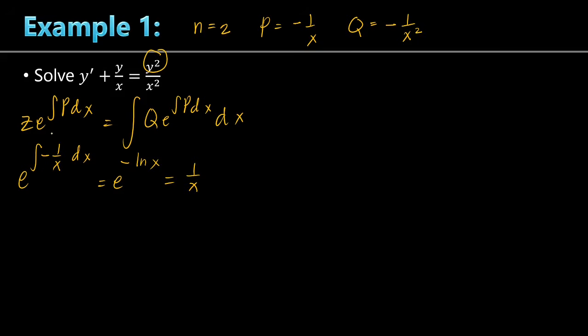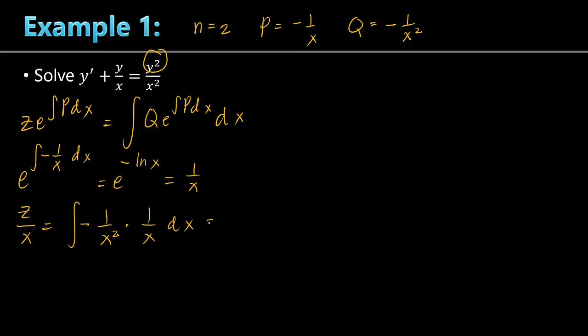And now, I can replace the integrating factor, yung e to the integral of P dx, on both sides by 1 over x. So, z over x equals the integral of Q, which is negative of 1 over x squared, times 1 over x, and then dx.